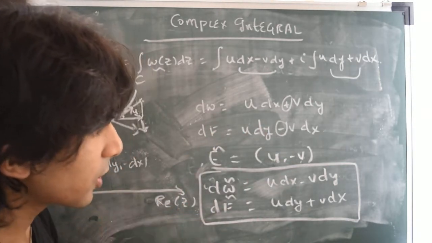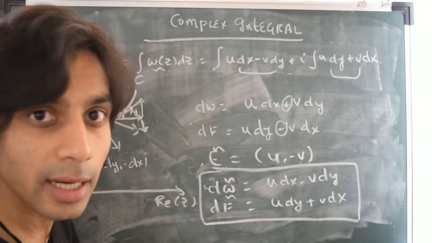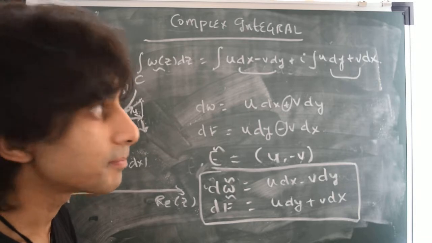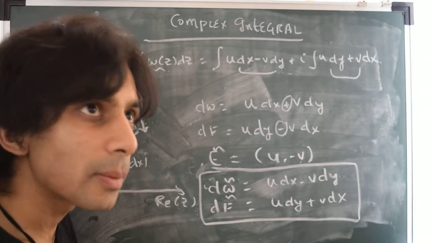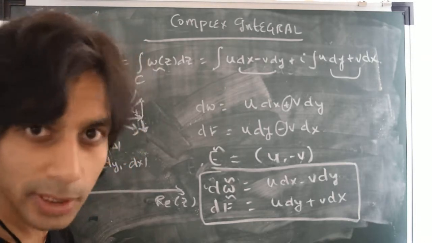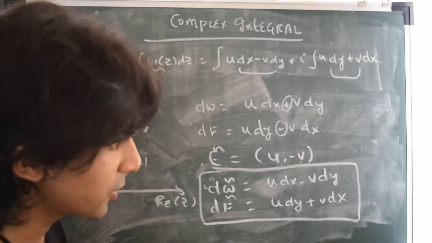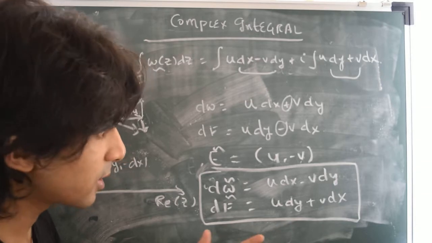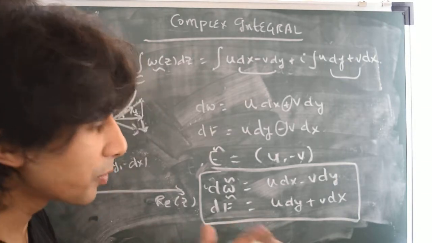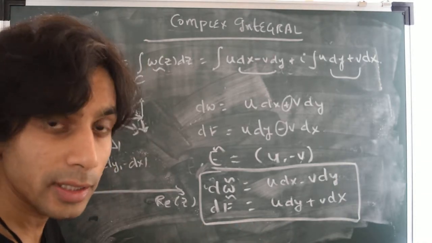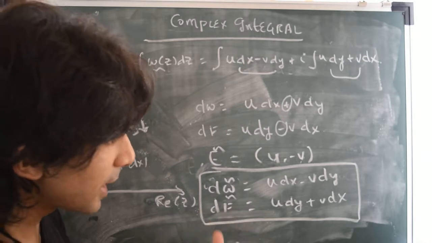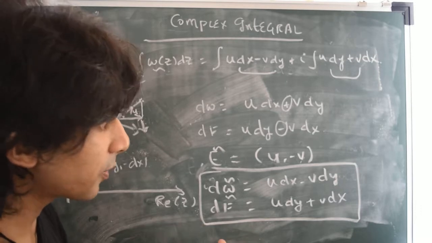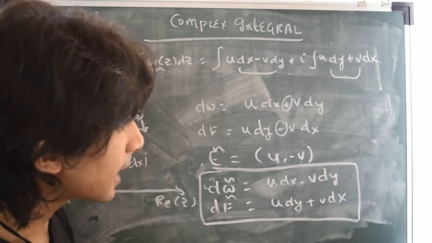So how does this help us in understanding a lot of the other results that come about in the theory of complex functions and complex integrals? We'll see as we explore these ideas further. But this is quite interesting because we have moved beyond just the procedural definition of an integral and come up with a physical meaning of it by thinking of the complex function as a vector field.